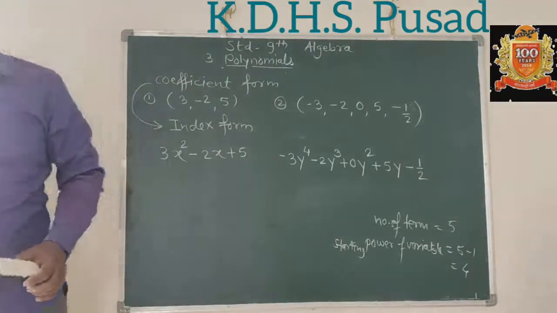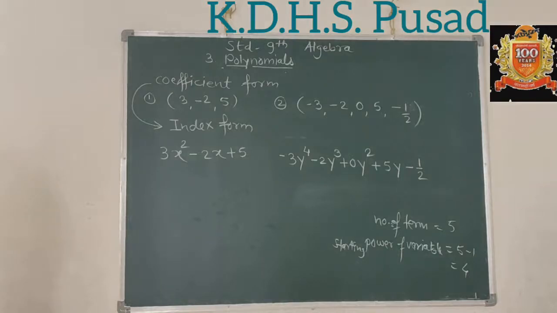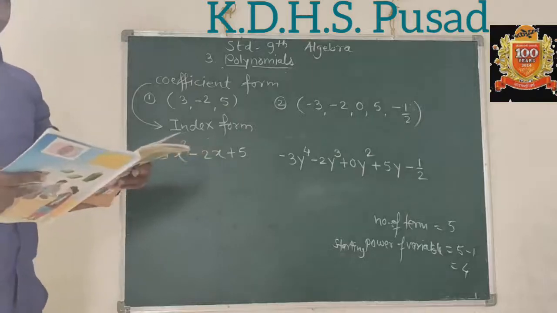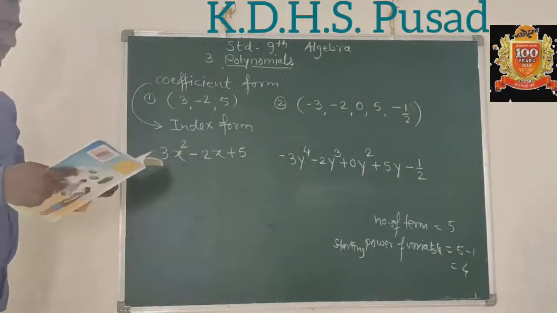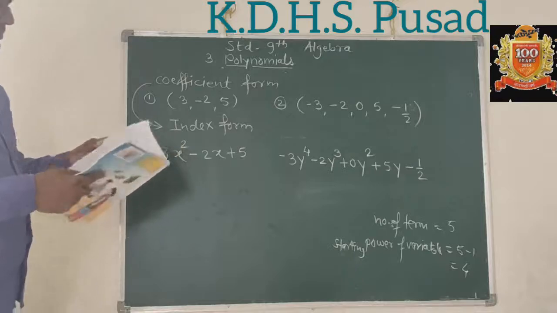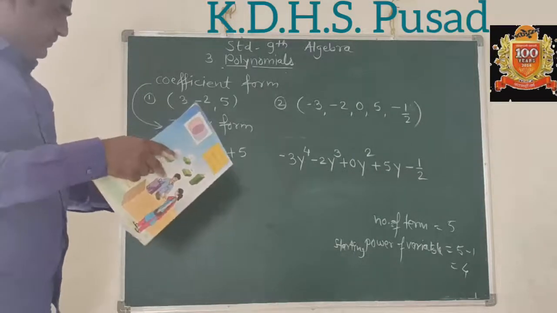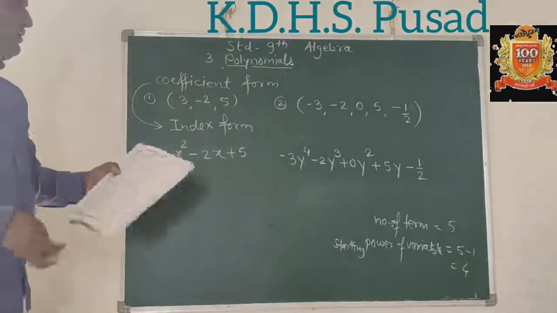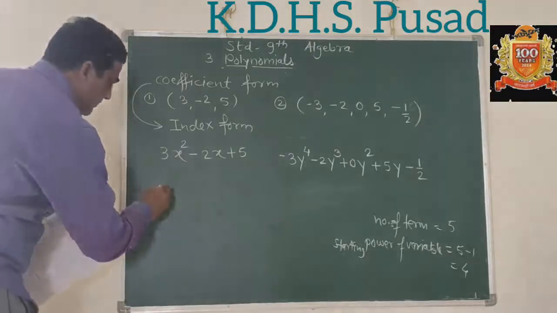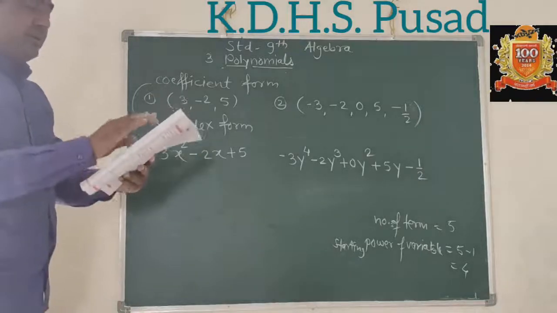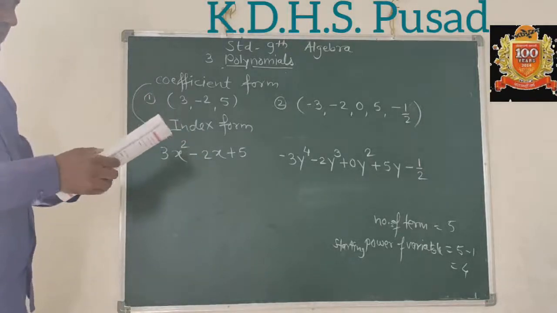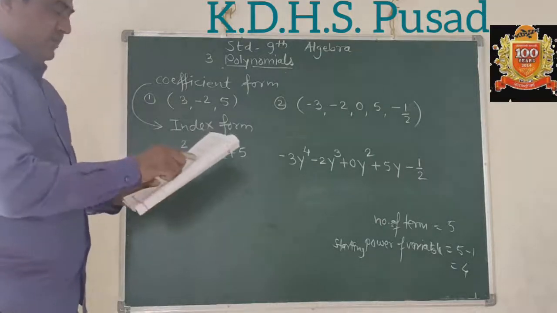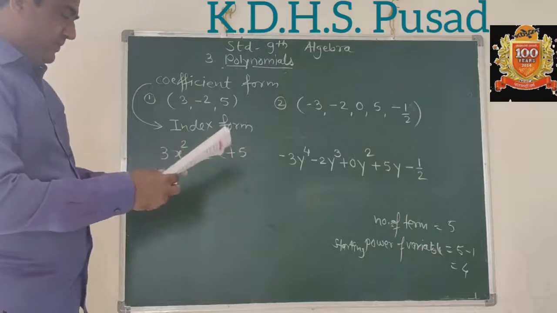Okay? Now, some homework for you. Now, some homework. So, the remaining questions. Just check: degree, linear, quadratic, okay, in standard form, okay, coefficient form, okay.